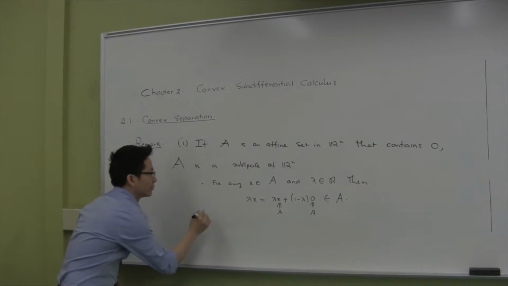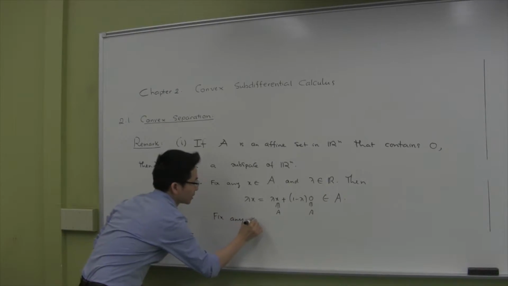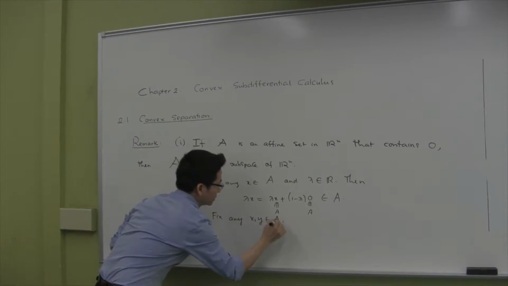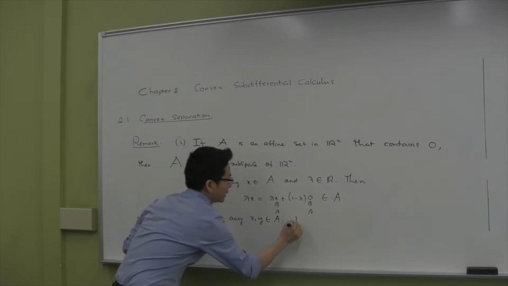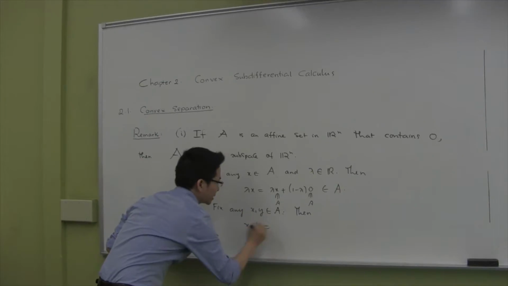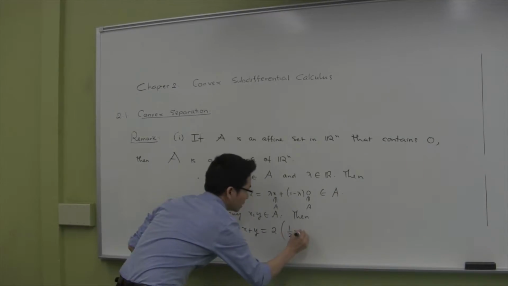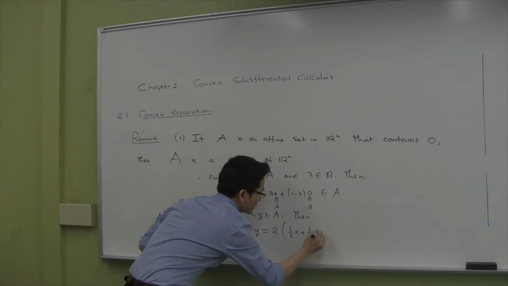And now, if we fix any x and y in A, then x plus y can be written as 2 times (1/2 x plus 1/2 y).